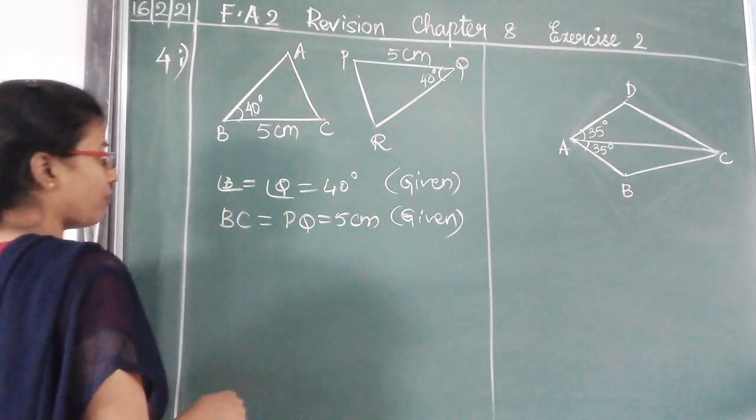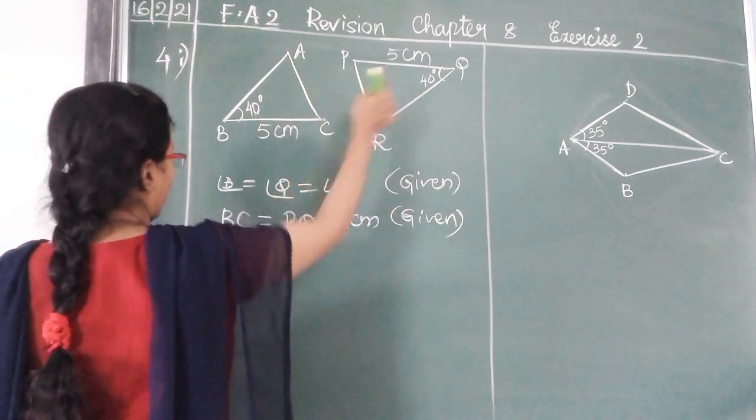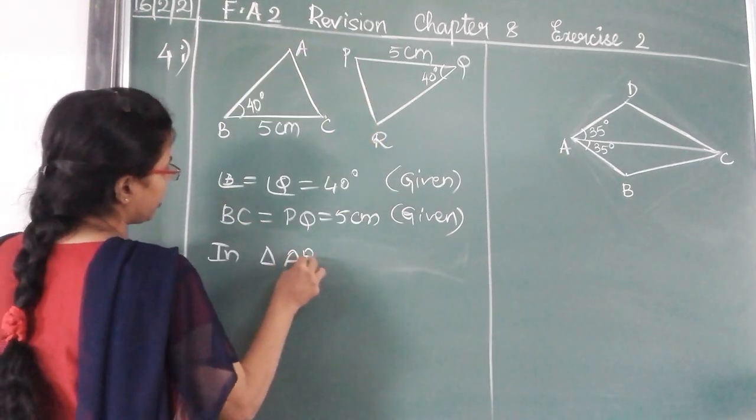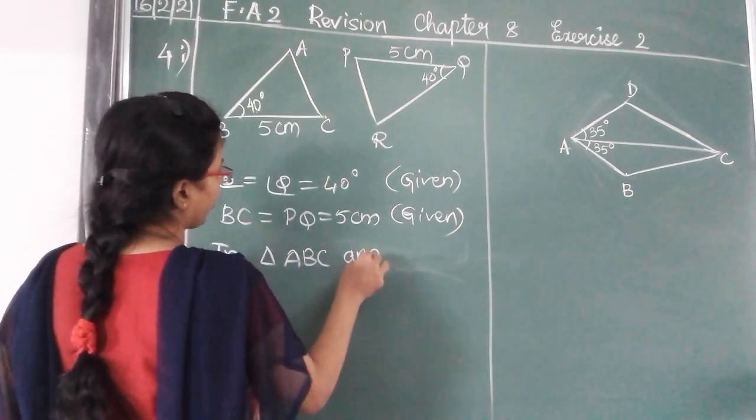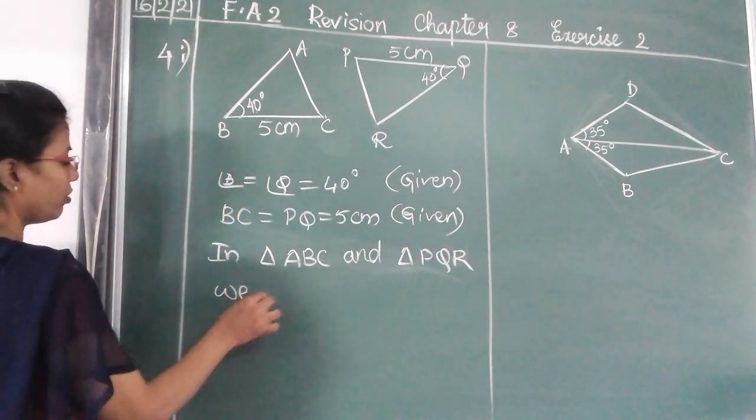Now what is not given? They have given one side and one angle equal in triangle ABC and triangle PQR.